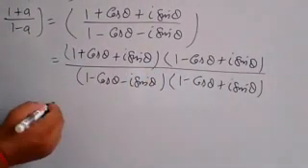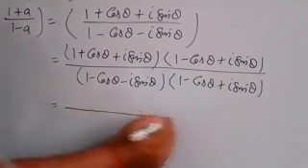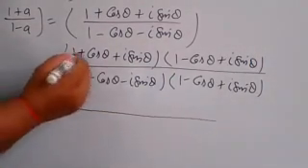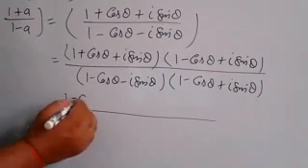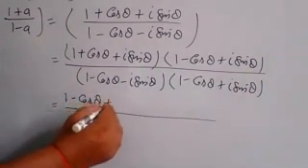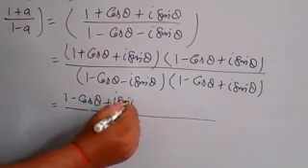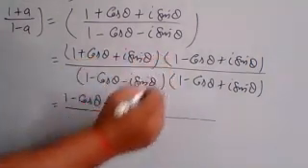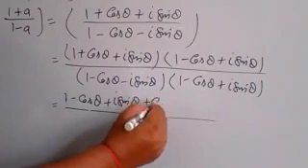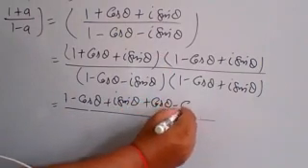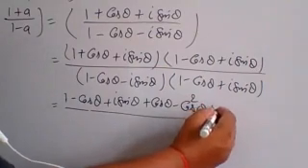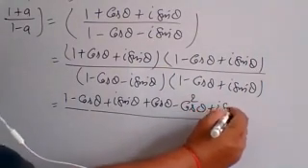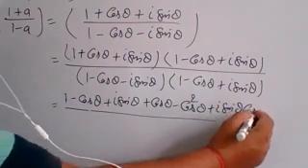Now taking its product. Write it. So here you have 1 minus cos theta plus I sin theta, and multiplying by cos theta, so cos theta minus cos square theta, and plus I times of sin theta cos theta.